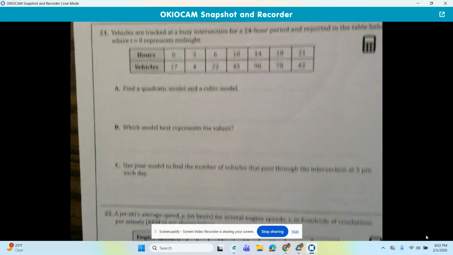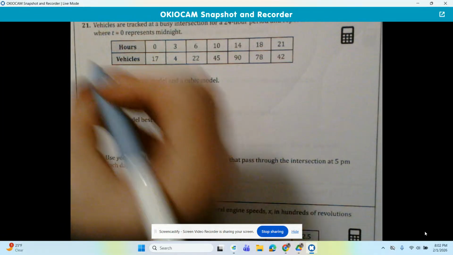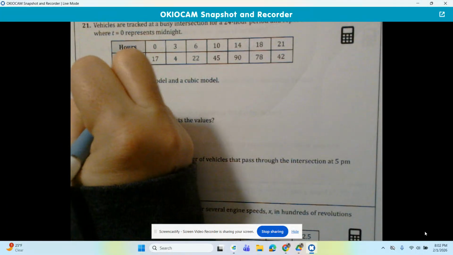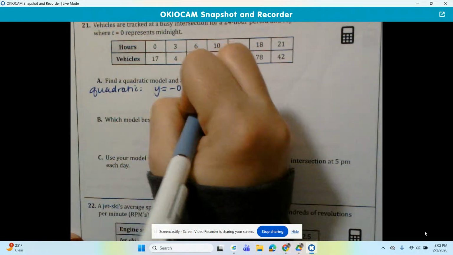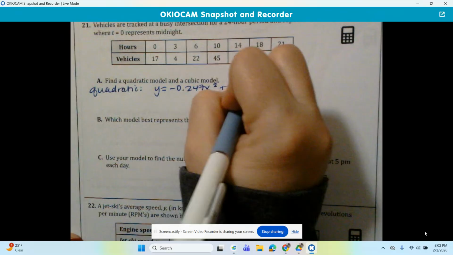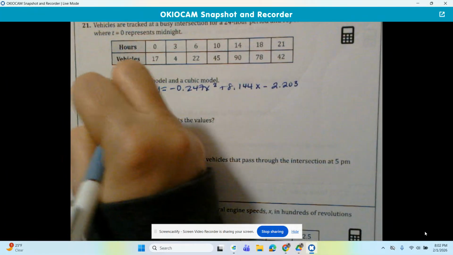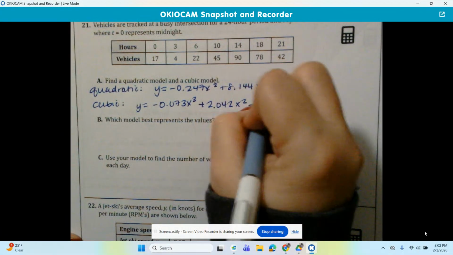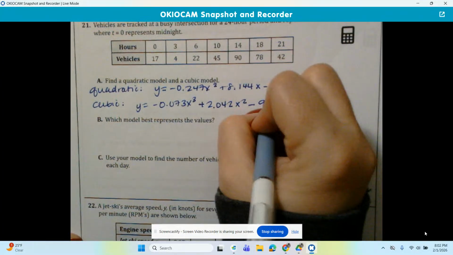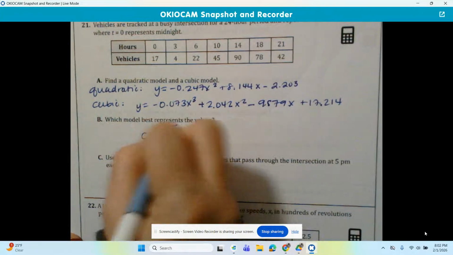And then cubic. We did decide that cubic was the better fit.